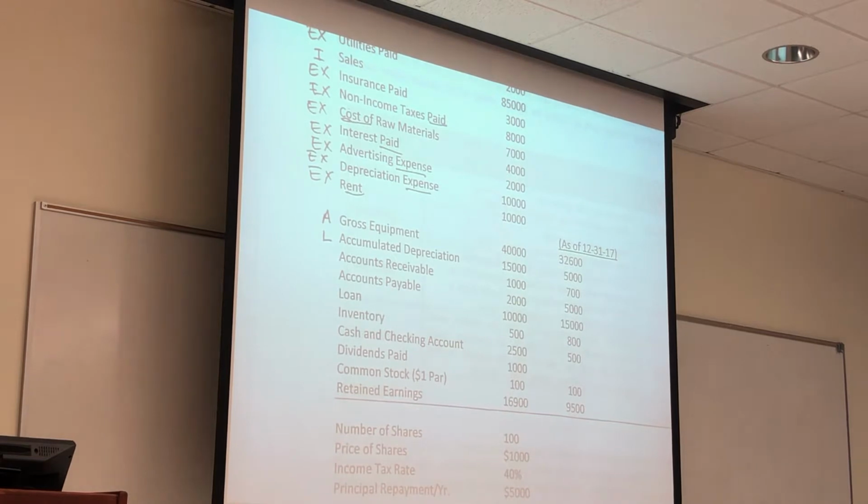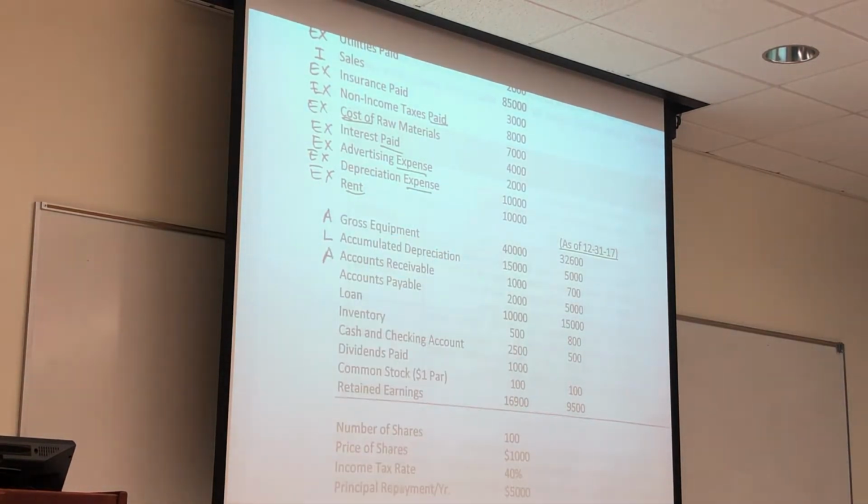Accounts receivable, the money that we can receive from other people. Let's say one of you owes me money. Is that a burden on me, or do I like that? Yes. So it's an asset. Accounts payable, just the reverse. I owe you money, so that's a liability for me.